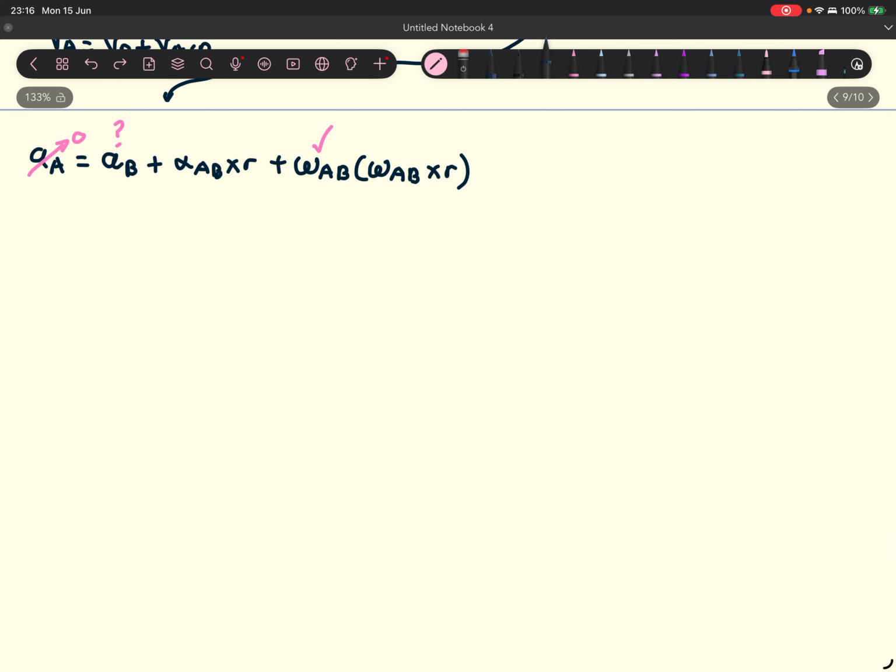So the tangential, we can rewrite it in terms of the tangential and the normal of B, so we can substitute that in.